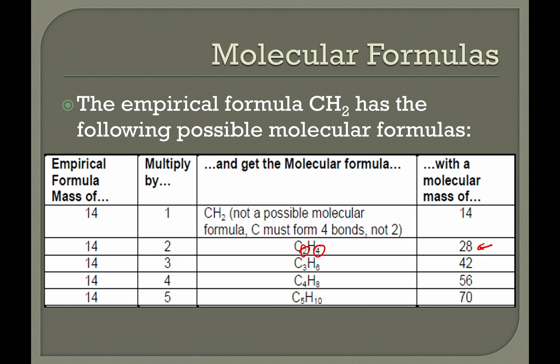We're basically just multiplying the 2 across the C and the H. And each time we are adding the empirical formula mass of 14 to our molecular formula mass. But even at C5H10, this is still a 5 to 10 ratio, or a 1 to 2 ratio, which we see in the original empirical formula.